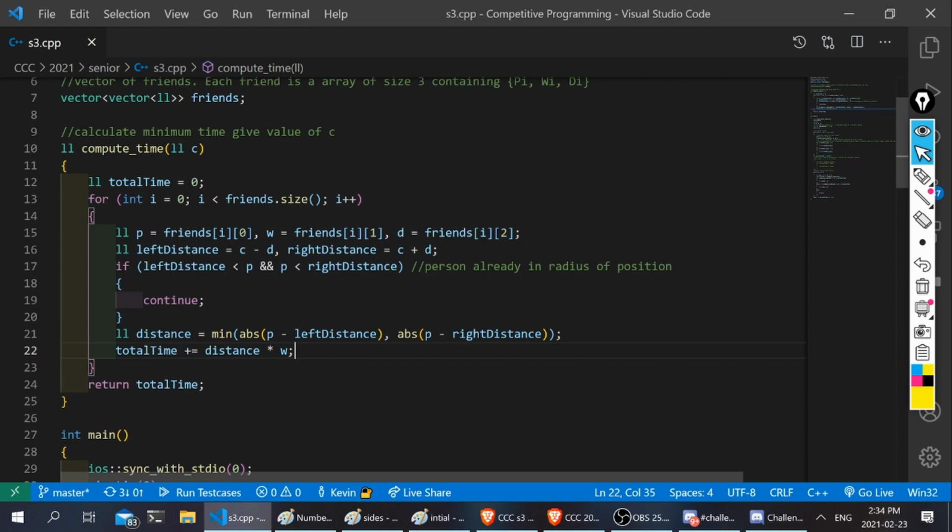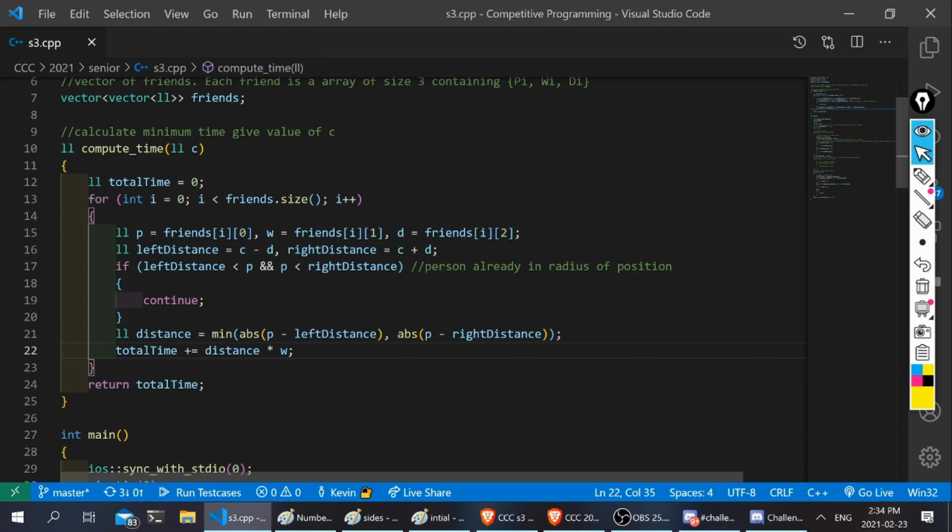Then, to calculate the distance, we get the absolute value of p, the position of our friend, minus the left distance, the minimum position you have to be at. We take the absolute value because we can get negative values if the friend is on the right or the left.